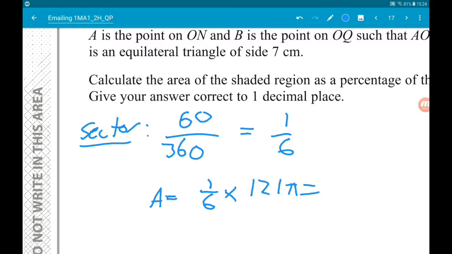Now that gives us 63.36 centimetres squared.